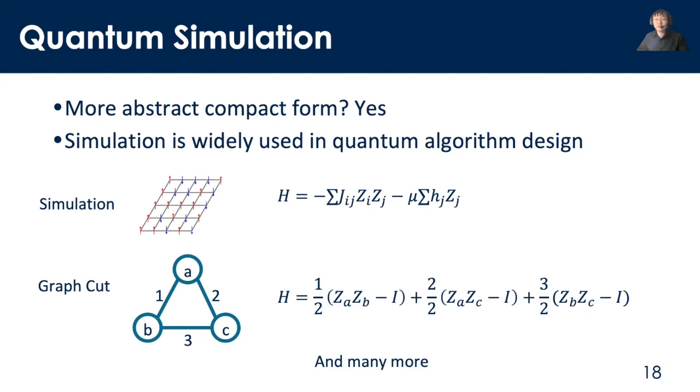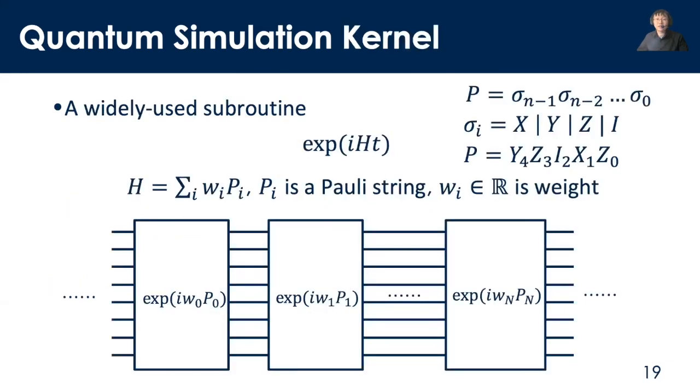In all these algorithms, we sort of need to simulate the time evolution of the real or artificial quantum system. As a result, one subroutine, which we term as the quantum simulation kernel, appears very frequently in many quantum programs.